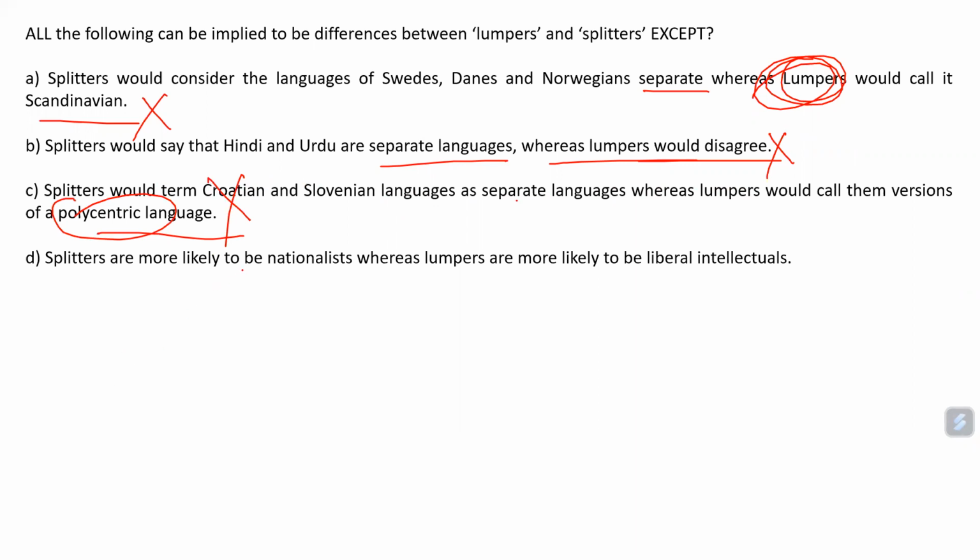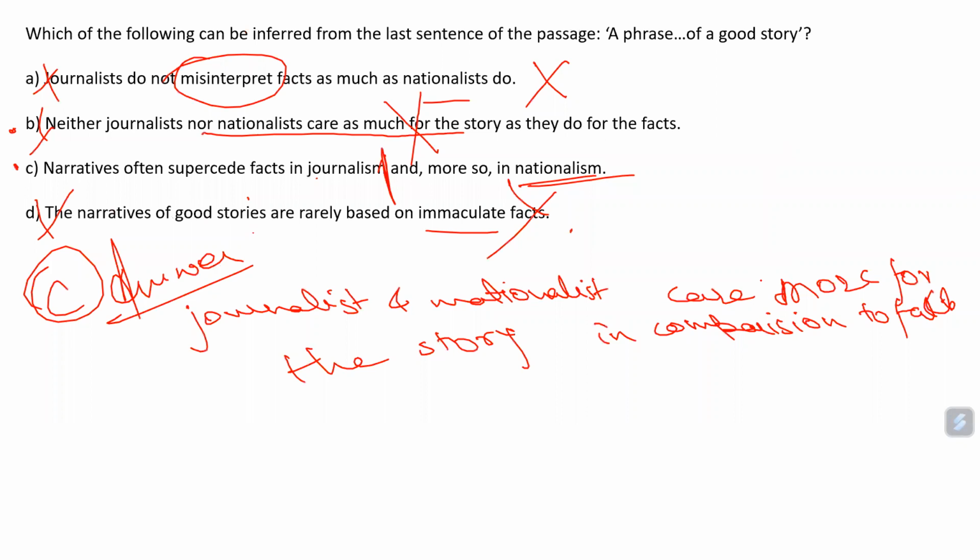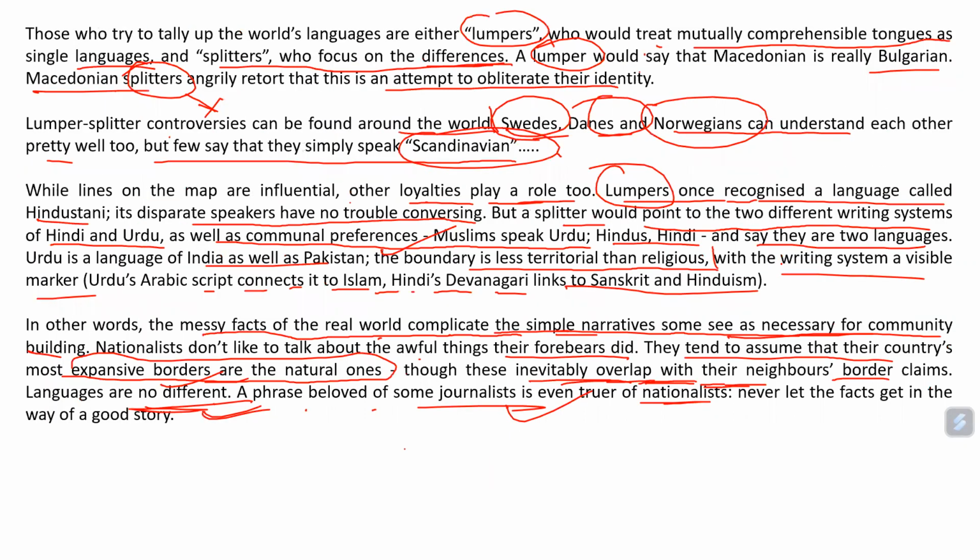And D says splitters are more likely to be nationalists, whereas lumpers are more likely to be liberal intellectuals. Now, what do we mean by liberal intellectuals? इसका मतलब क्या होता है? Right? So liberal intellectuals और इसका passage में कहाँ पे use है? So we remember that liberal intellectuals, what was said about them? They had argued in the passage that nationalists have argued the same way as the splitters have done, right?